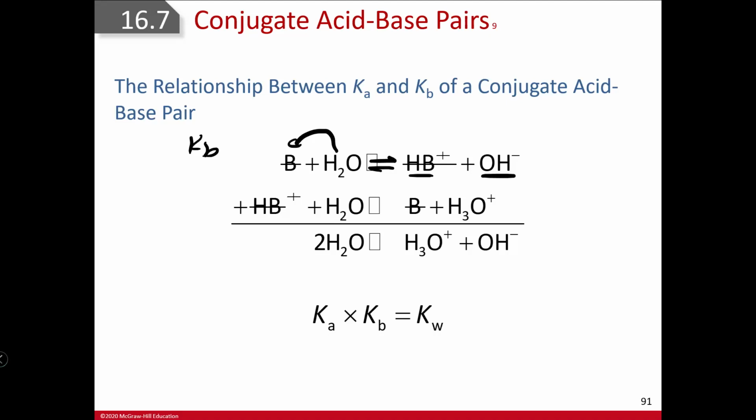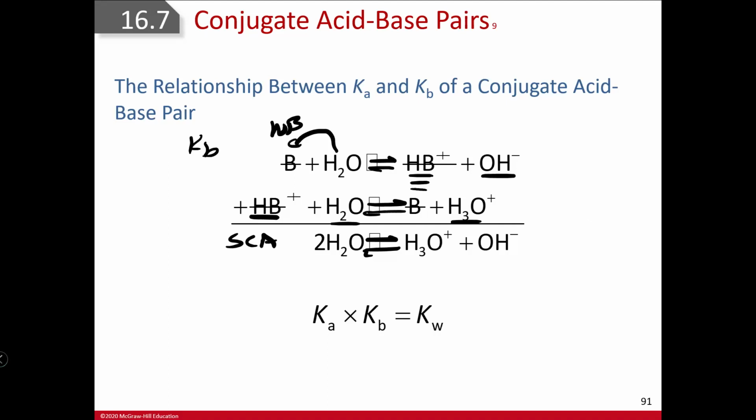And then if I take the conjugate acid of the base and I add that to water, yes, this will happen as well. If this is a weak base, which it is, then this is a fairly strong conjugate acid. And so this reaction happens, and that generates the hydronium ion. So again, notice we get the same equation. Whether it's Ka or Kb, it's two waters form a hydronium ion and a hydroxide ion.